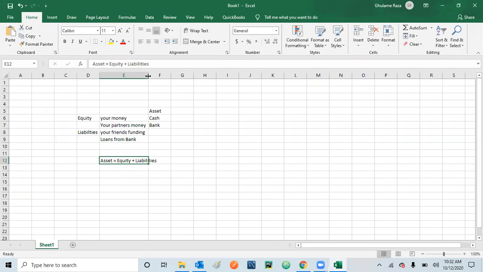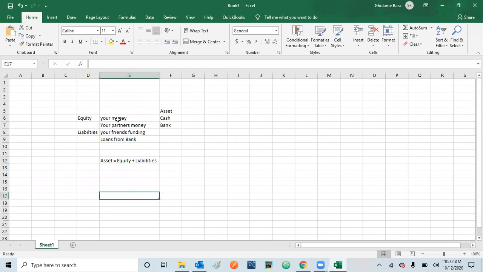As simple as this. If you have your money, your partner's money, loans from your friends, loans from the bank, and you add all of them, you have some money in hand, either in the shape of cash or in deposits in the bank. That is asset. Your money and your partner's money is the equity, because you are the owner of the business.